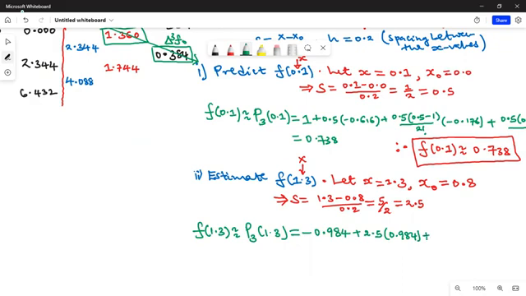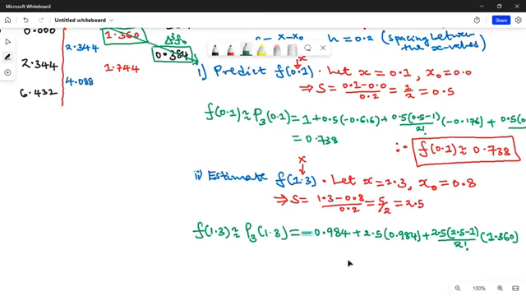Plus s, which is 2.5, s minus 1, which is again 2.5 minus 1, over 2 factorial, times delta squared of f naught, that was 1.360. So right here 1.360.